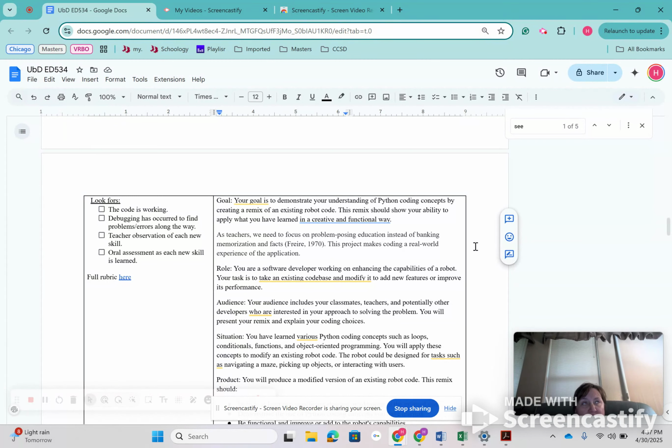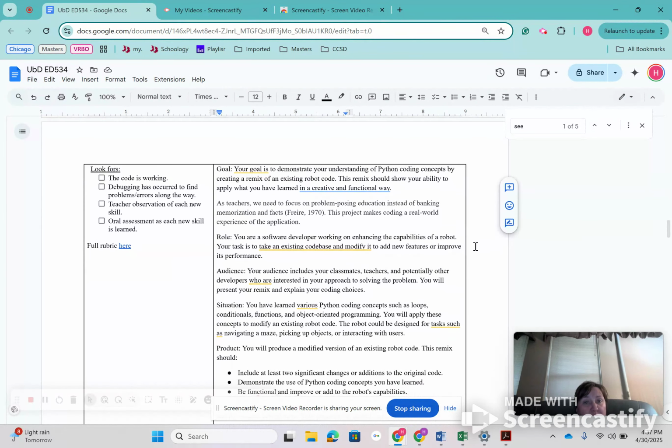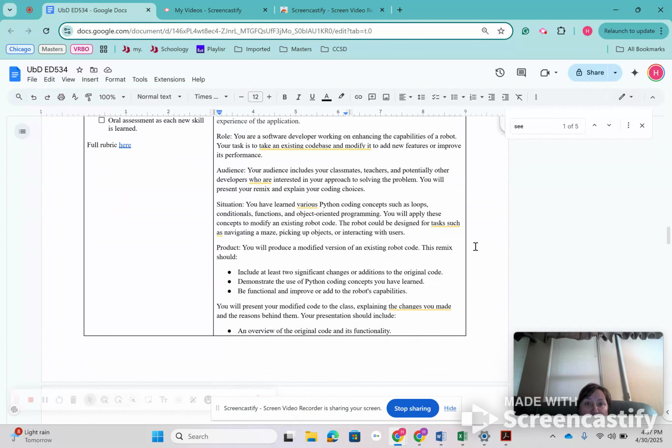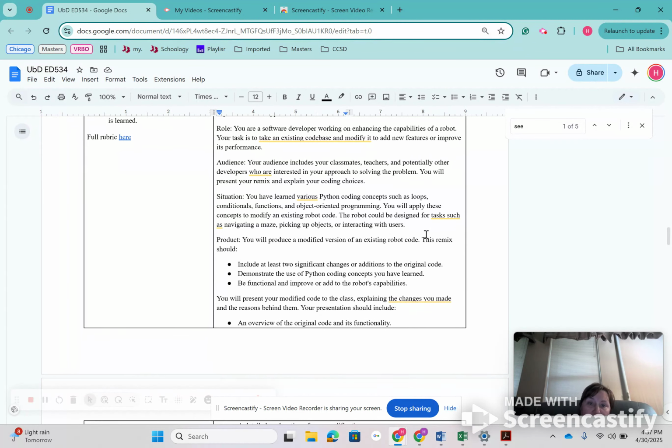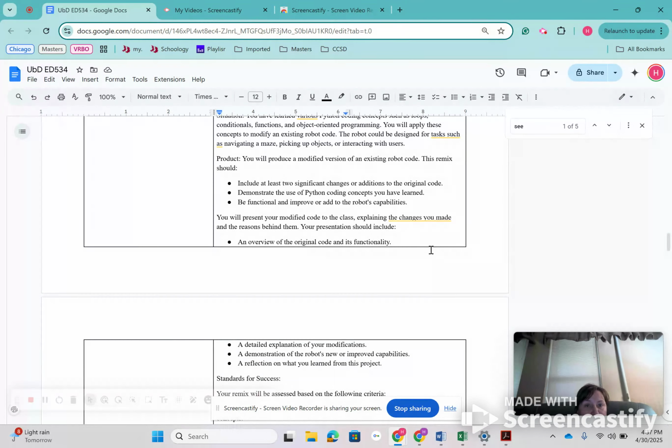That shows that they really truly can transfer their learning and make it a real-world problem-solving experience. So they have different tasks that they can use that could pick up objects with their robot. They can make a maze, and so they have to add on a couple different things and make it their own.